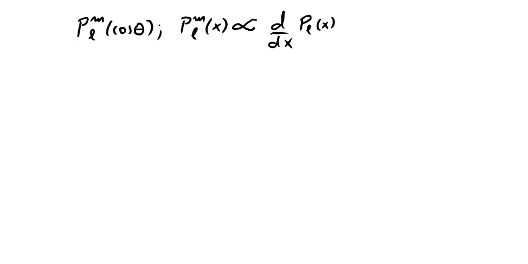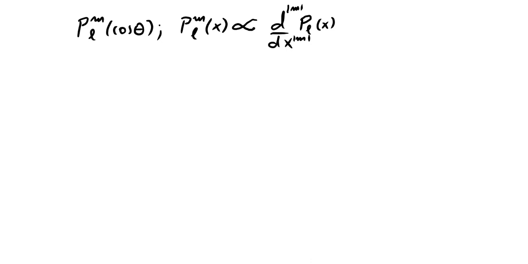The derivative is taken to the order of the modulus of m. If you choose m equal to 1, you derive one time; if m equals 2, two times, and so on. If m is equal to 0, don't derive it. That's the idea here.